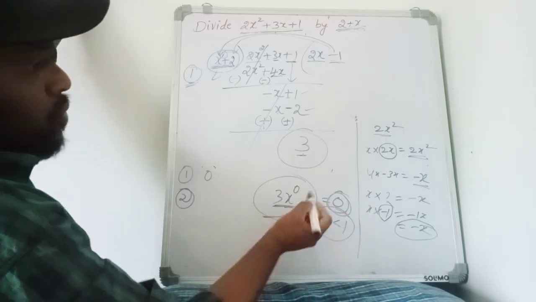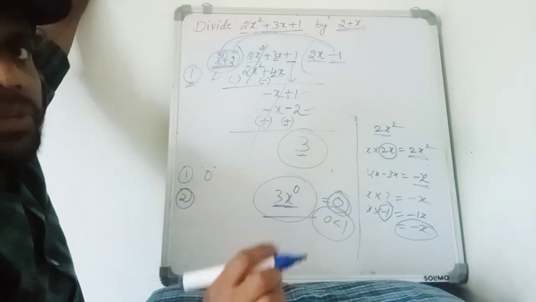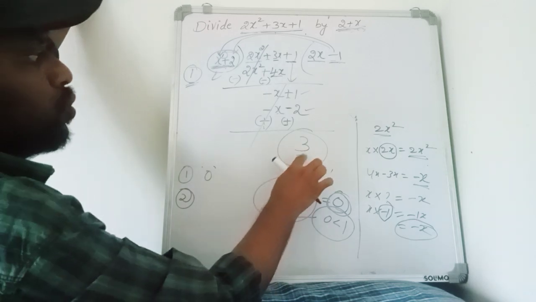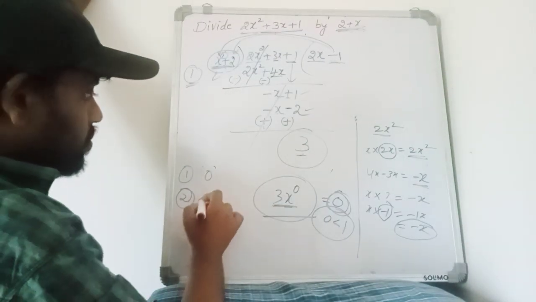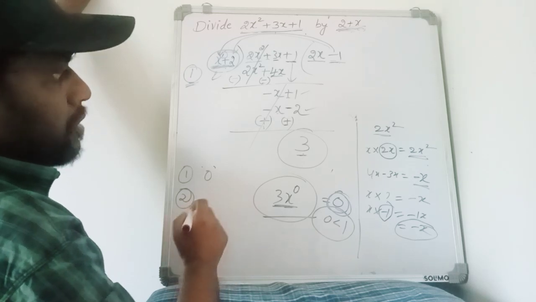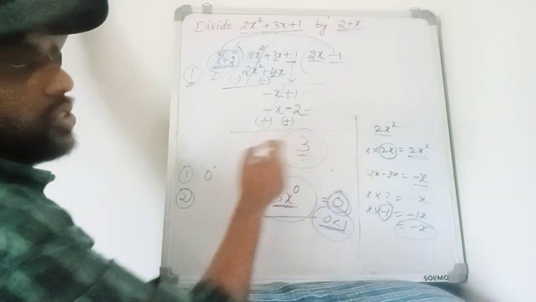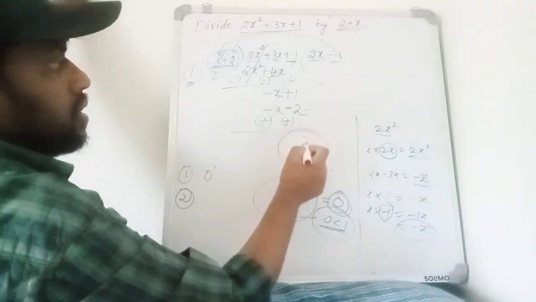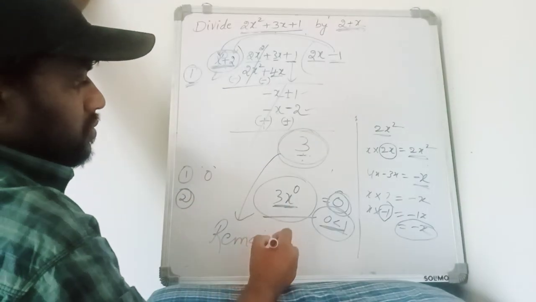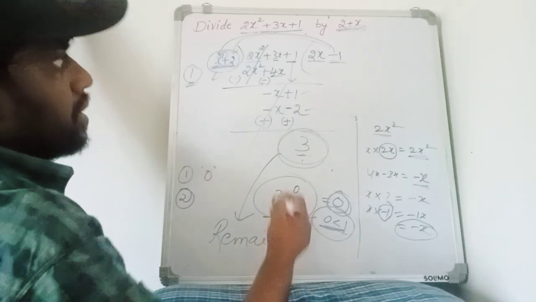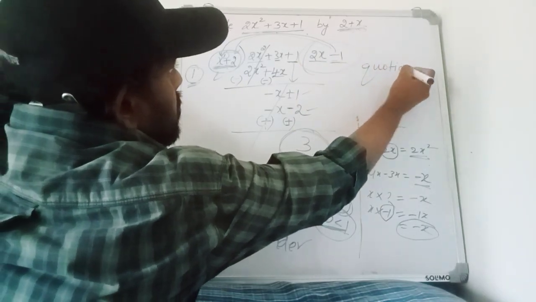When the degree of this is less than the degree of this, that time we have to stop the division process. So, under two conditions, we have to stop the division process. Here, since 0 is less than 1, we have to stop the division process, and this is the remainder. This is called the quotient.